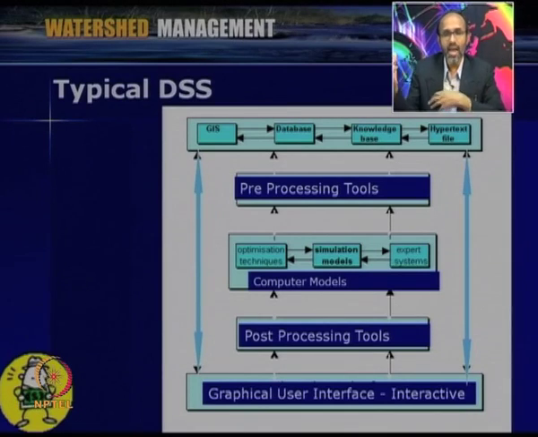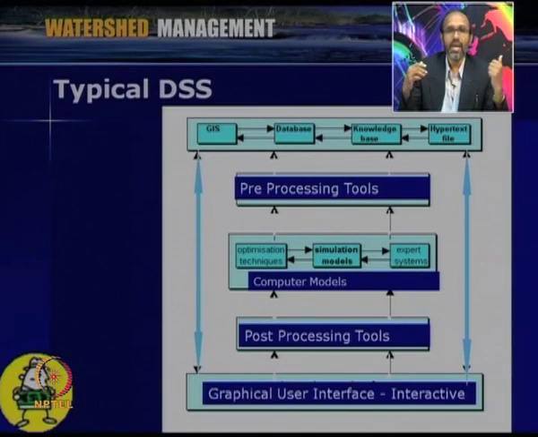This graphical user interface should be interactive, so that the decision maker can even feed various things into the system and see what will happen if any alternative solutions are possible. So, a typical decision support system mainly has three components. One is the pre-processing tools, the second is the modeling tools like computer models, and the third is the post-processing tools.